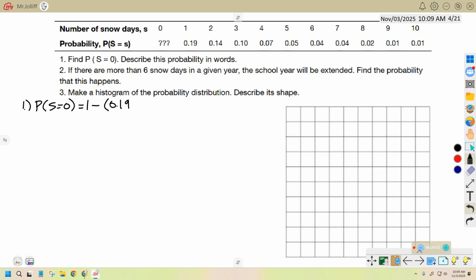So 1 minus, and then the sum of the others. So 0.19 plus 0.14 plus 0.10 plus 0.07 plus, where did I stop? 0.05 plus 0.04 plus 0.04. Oh my goodness, this is a long data table. Plus 0.01 plus 0.01.